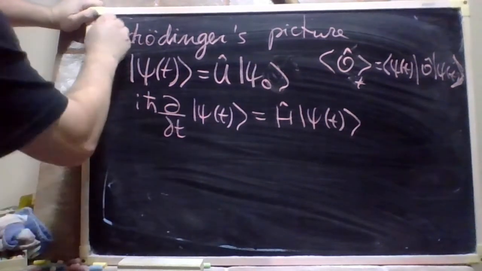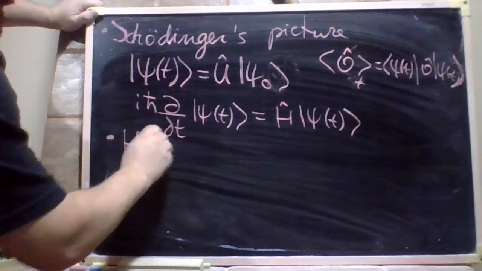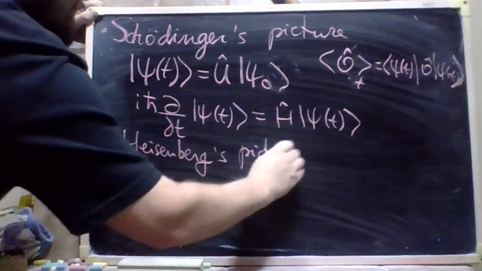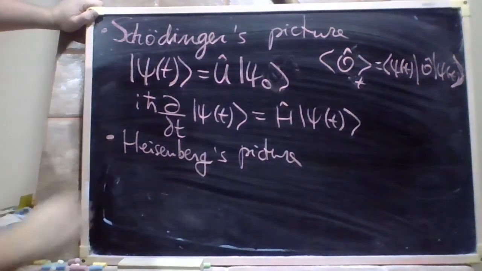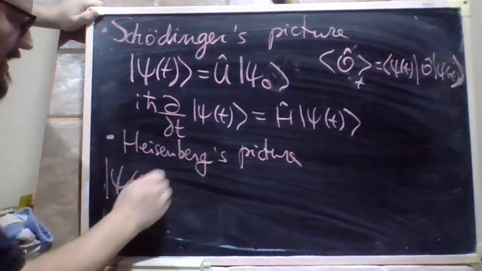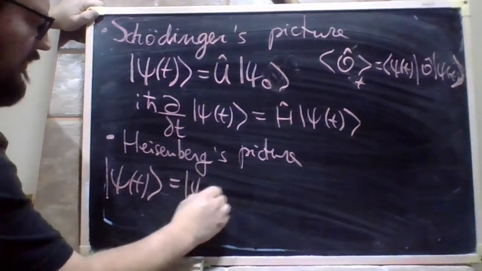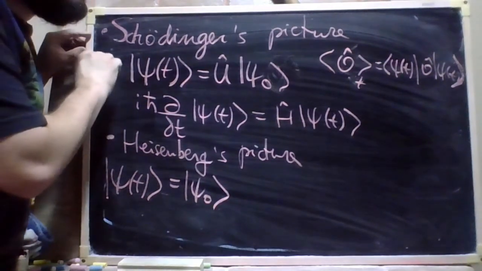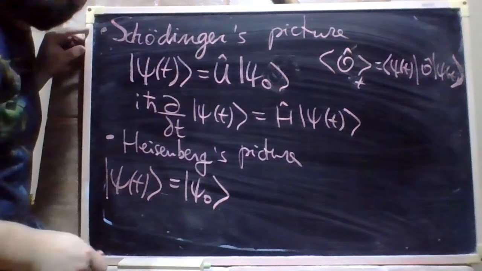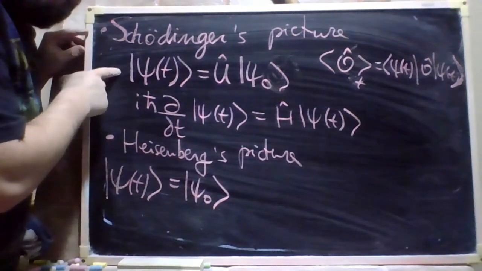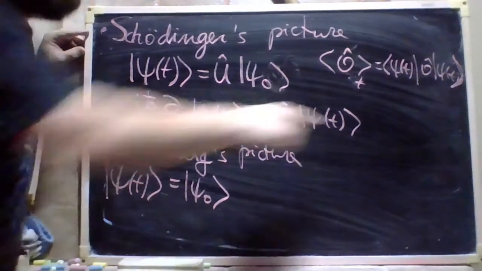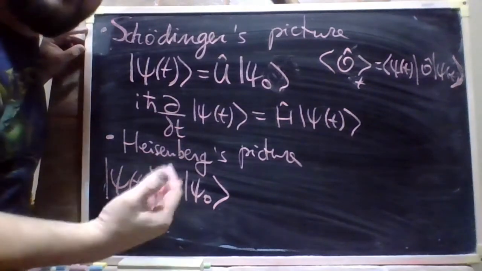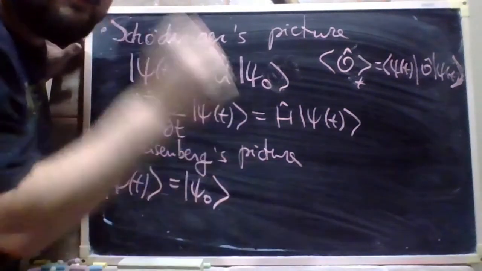In the Heisenberg picture, psi at time t is always the initial state. Schrodinger puts all the evolution into the state, and the operators are kept invariant, usually, unless they have an explicit time dependence.